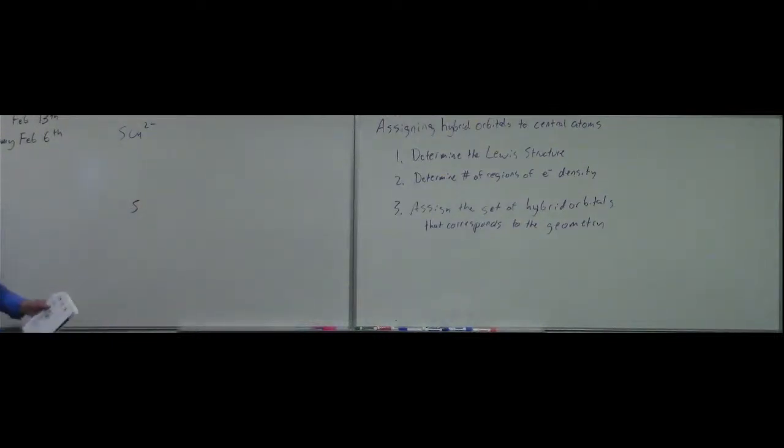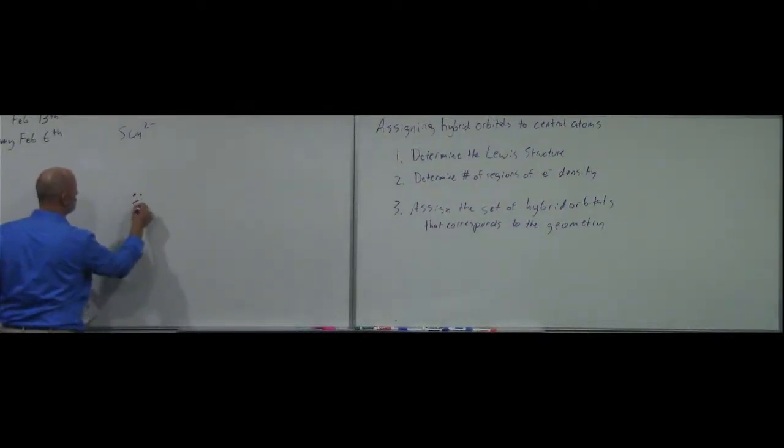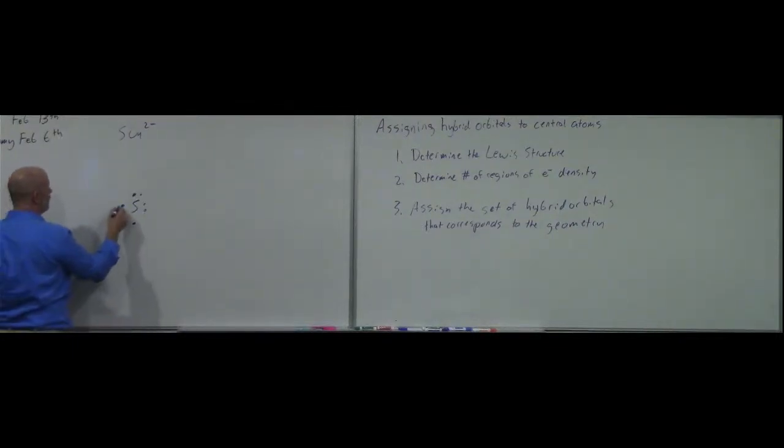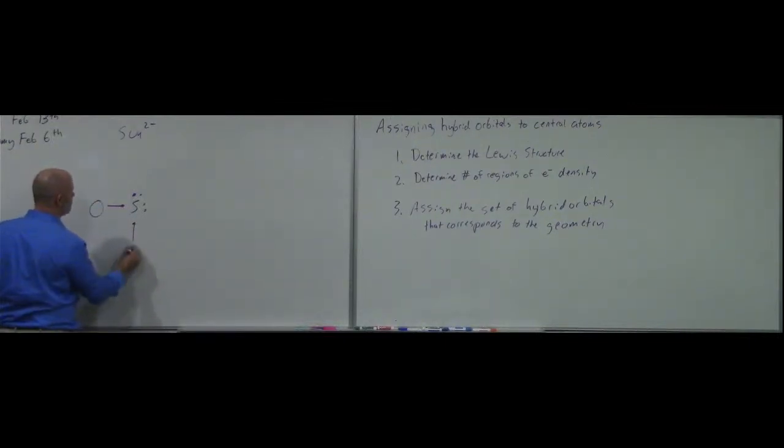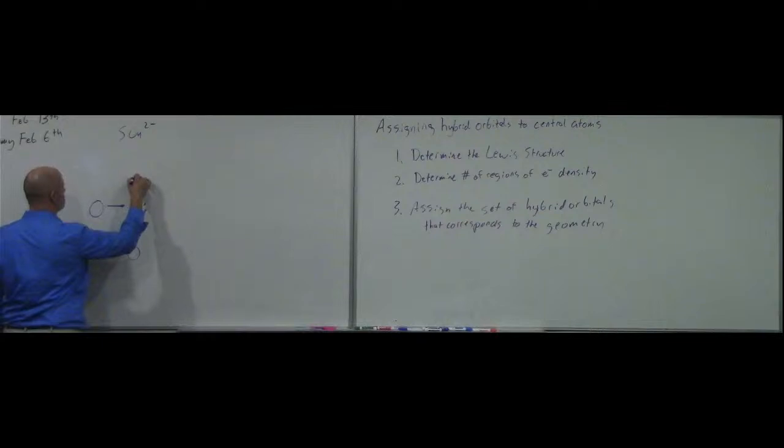So sulfur, right? It wants us to begin with the Lewis structure. So how many valence electrons does sulfur have? 6. So 1, 2, 3, 4, 5, 6. All right, I've got 4 oxygens. So here's an oxygen, here's an oxygen, here's an oxygen, here's an oxygen.